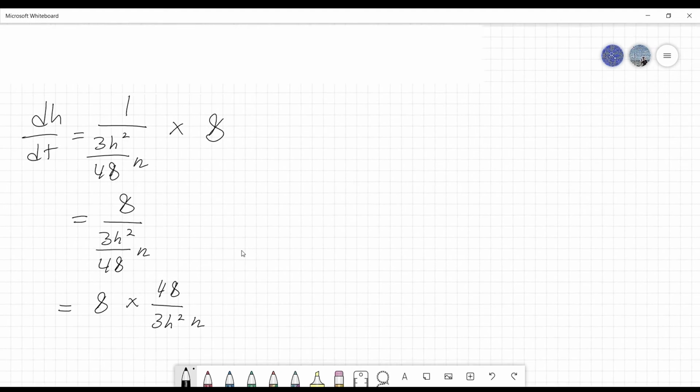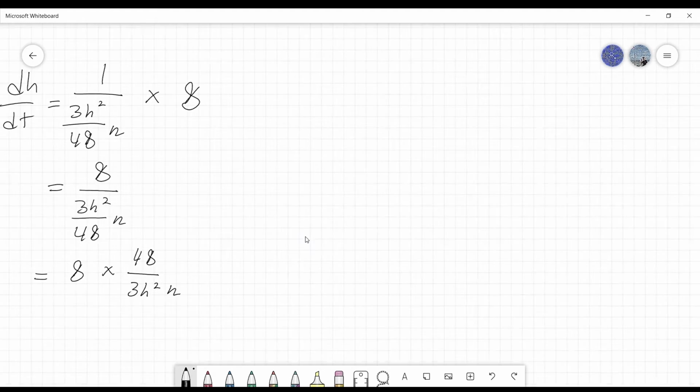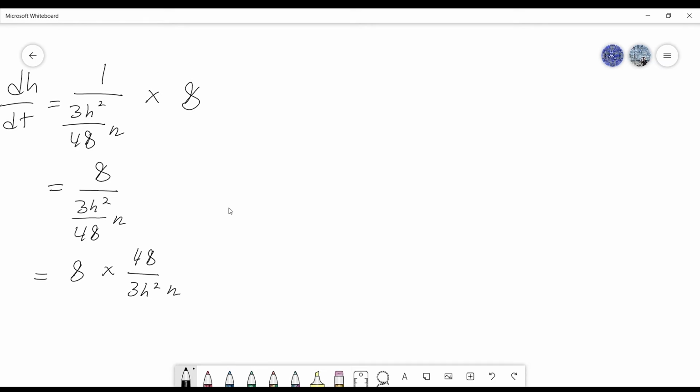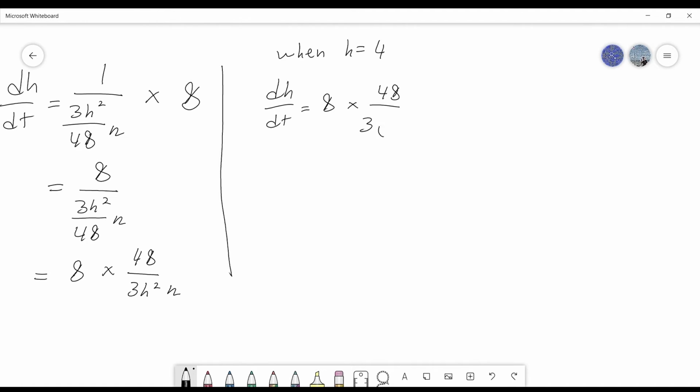And for the final question, we substitute h as 4. When h equals 4, dh over dt equals 8 multiplied by 48 over 3 times h, which is 4, to the power of 2, pi.